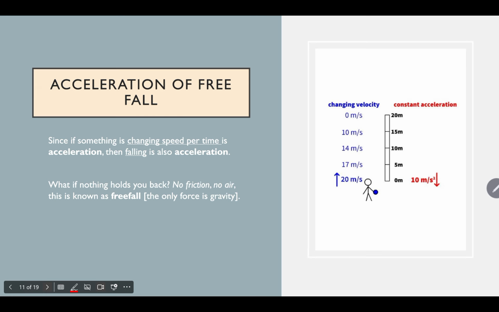We call this free fall, and the only force acting here is gravity, pulling you down. On Earth, gravity gives every freely falling object the same constant acceleration, which is 9.8 meters per second squared.